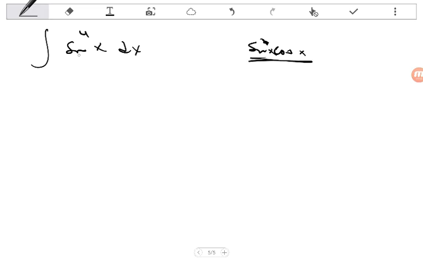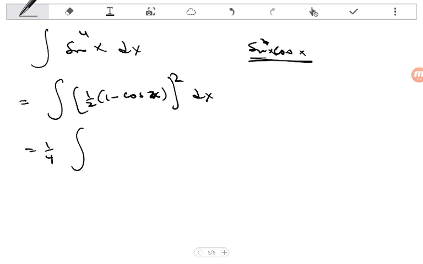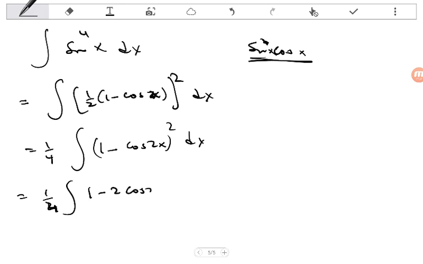So I only find sine squared, which is half 1 minus cosine double the angle 2x, all squared. This will be 1 over 4 times 1 minus cosine 2x all squared dx. I expand this bracket: 1 minus 2 cosine 2x plus cosine squared 2x.